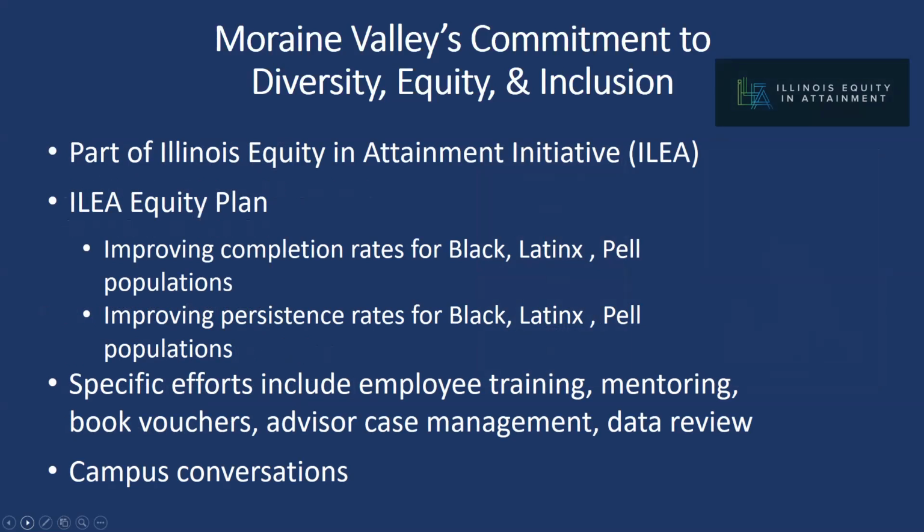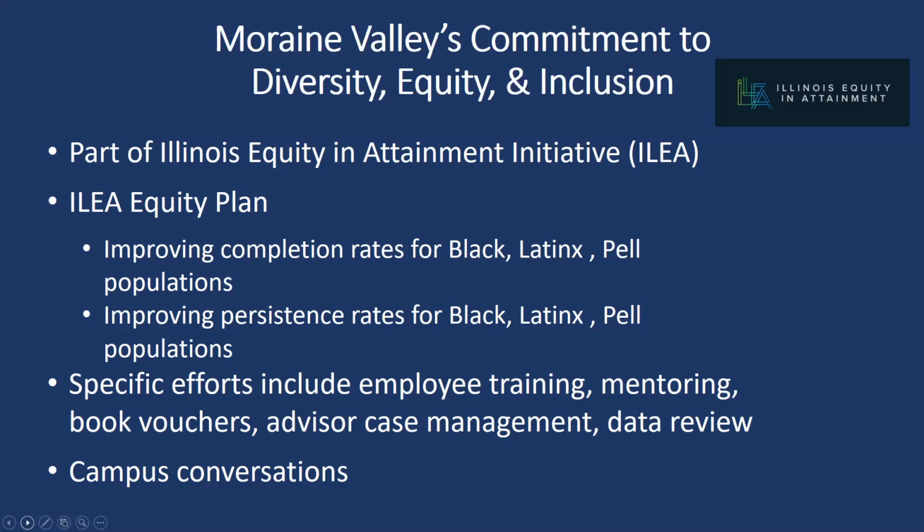Another way we've demonstrated our commitment to these principles is that we've been a part of the Illinois Equity and Attainment Initiative, or ILEA, since 2018. I'm guessing many institutions that are tuning in are also part of this initiative. It's something put together by the Partnership for College Completion, and 4-year and 2-year institutions can be asked to be a part of it.